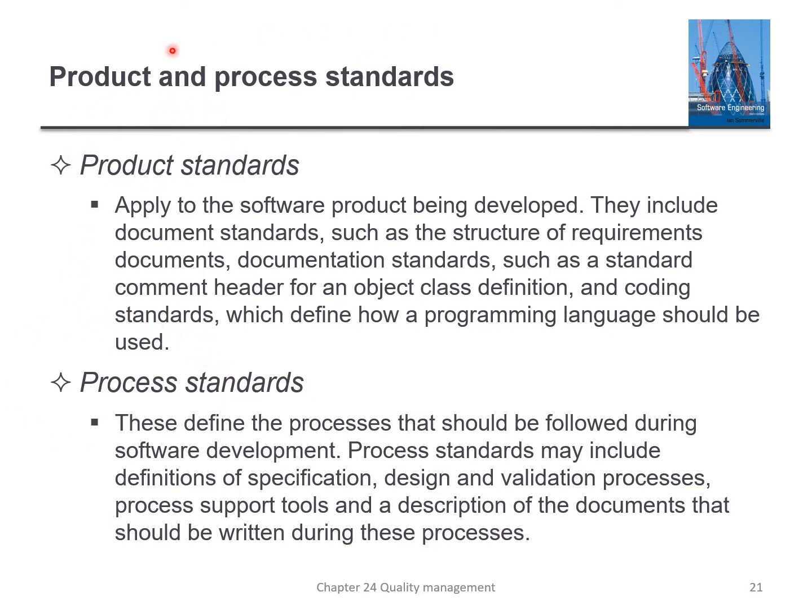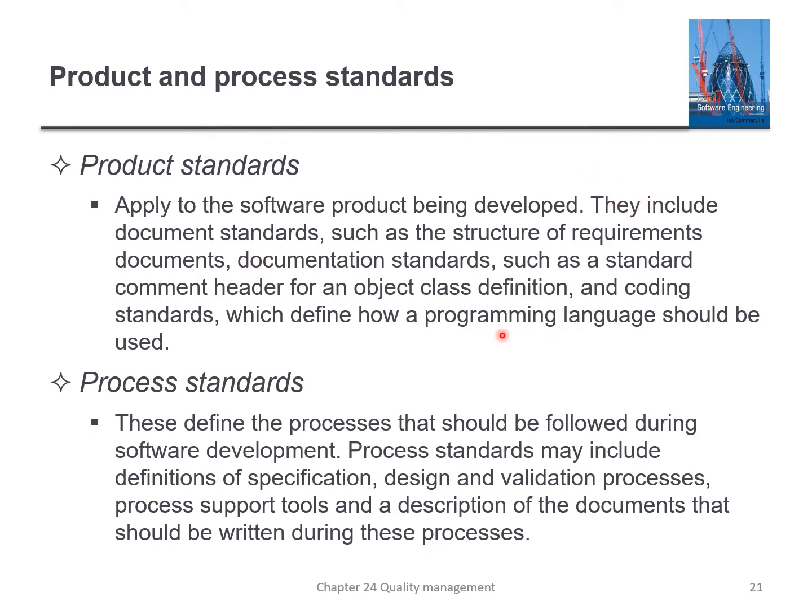Standards for products are mainly related to the product itself, for example, the structure of the requirements document for that product, or what the standards for programming are that you need to follow in order to produce that product.